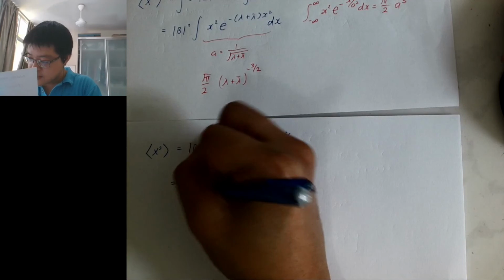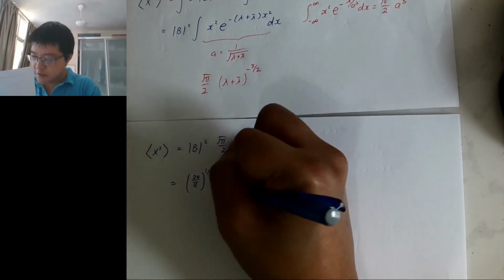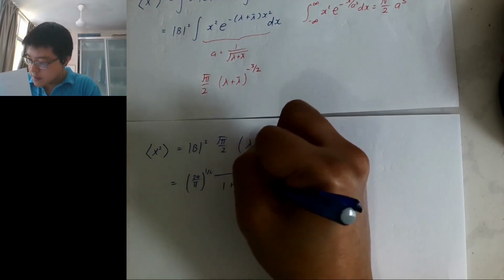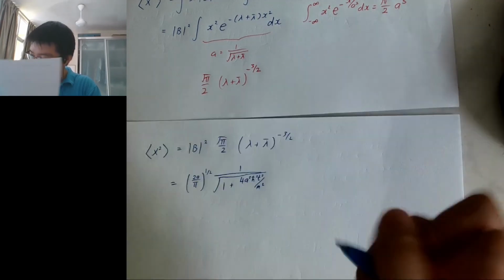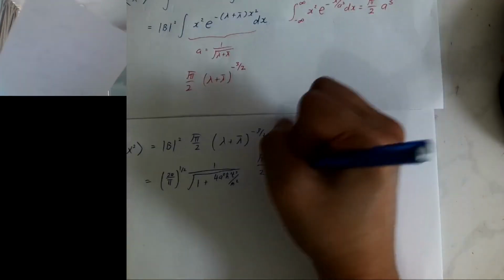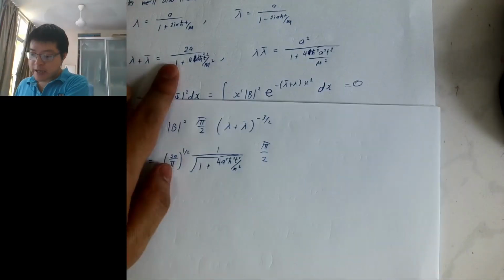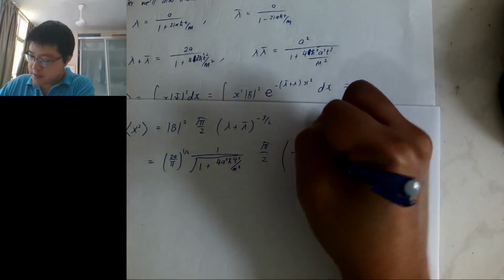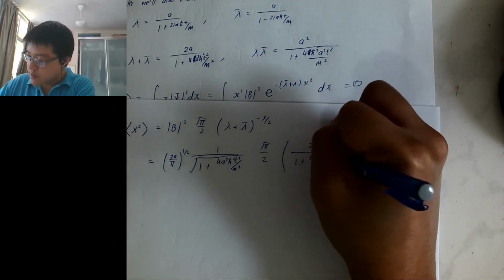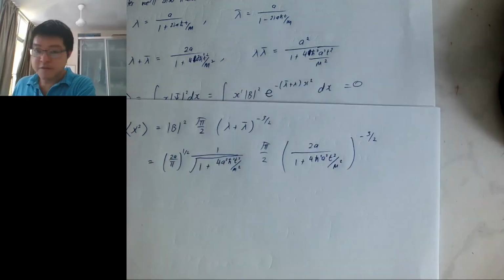So modulus b square is the front to the power half, and then this becomes square root of 1 plus I h bar square h square t square over m square, and then this is root pi over 2, and then lambda plus lambda bar, is all this thing to the power 3 over 2. So I got 2a times 1 plus 4h bar square a square t square over m square, the whole thing to the power 3 over 2.